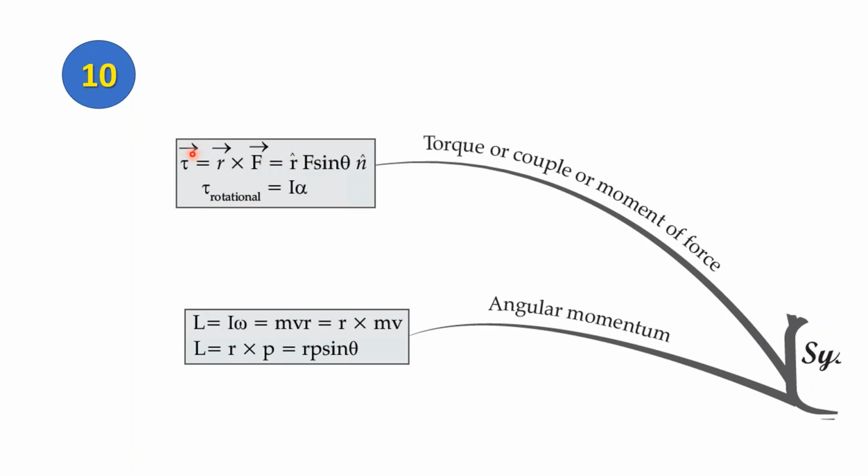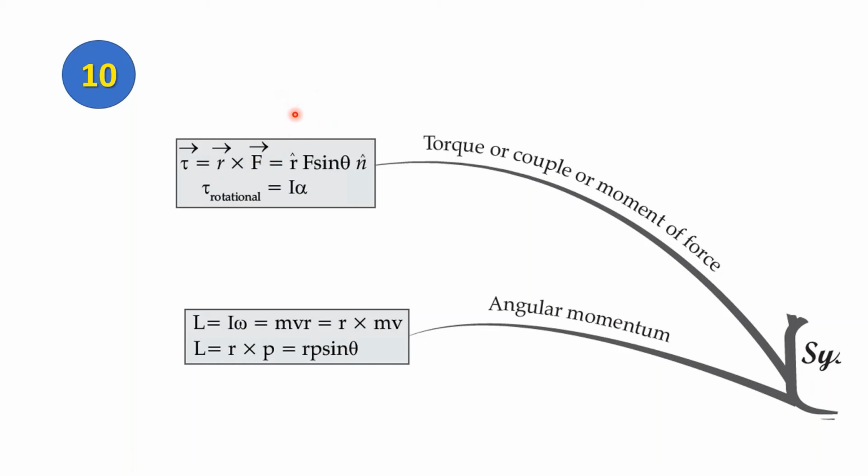Now here, tau bar, which is the vector for torque, is given as the cross product of r bar, which is the position vector, and F bar, which is the vector of force. So this r bar cross F bar is a cross product, and in a cross product, we usually get the magnitudes of the two values and then multiply it by sine theta as well.